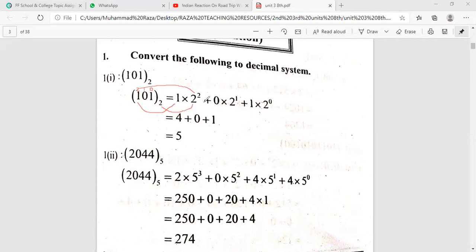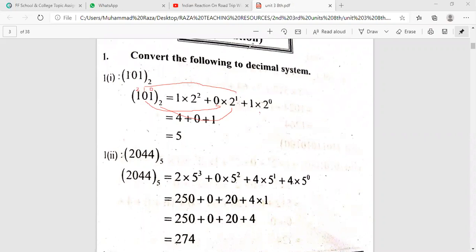Then we write a plus sign, and then we write this 0. Then we write this base 2 here, and then the power; this 1 becomes the power of this base.